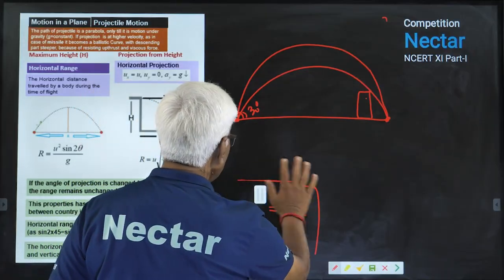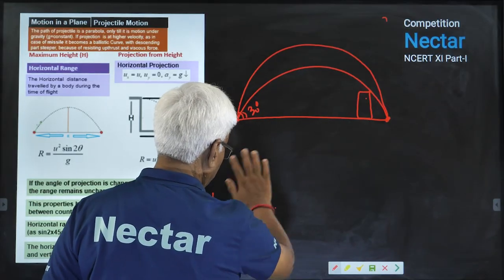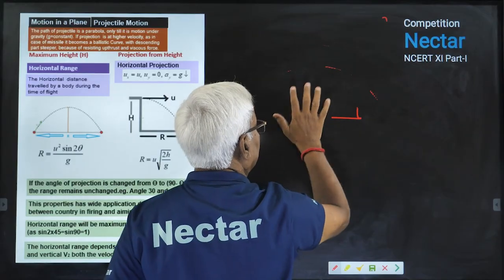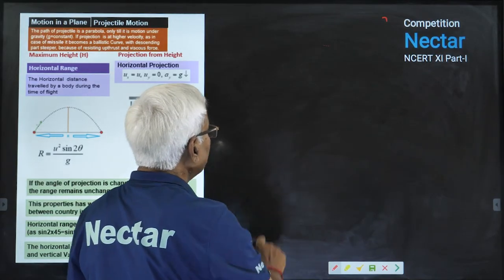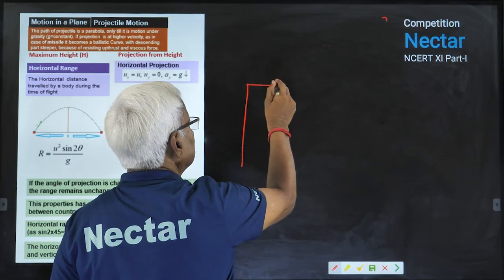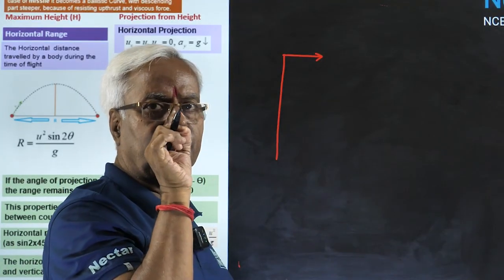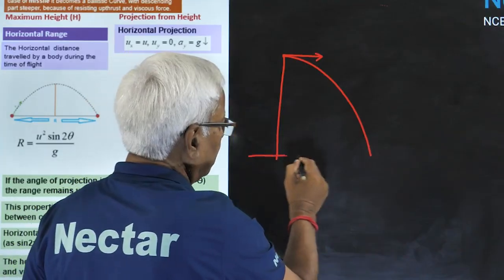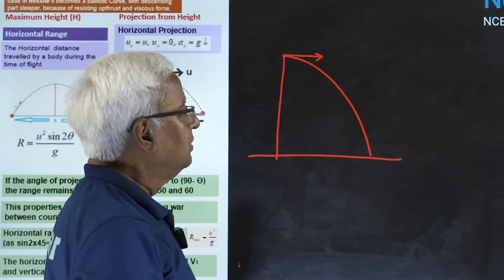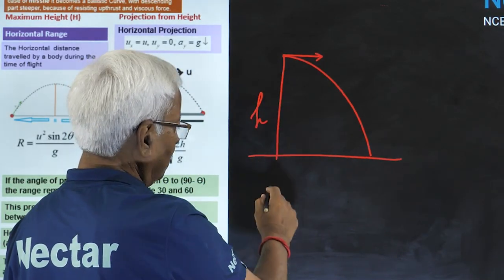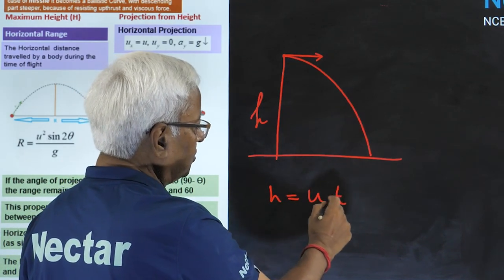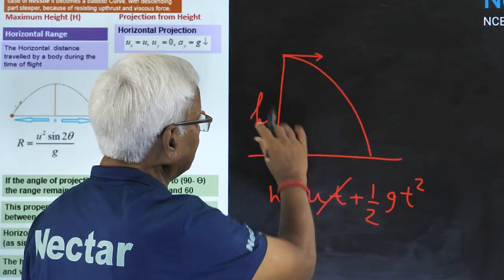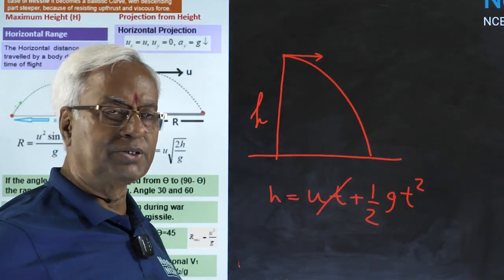Well, now we'll see what happens if some object is projected horizontally. For example, you are standing on the roof and you throw some object this way, like this. In this case, the path will be a parabola, no doubt. But if you have thrown from height h, h will be equal to ut plus half gt square. We have chosen plus g because it will start going downward from the starting point itself.